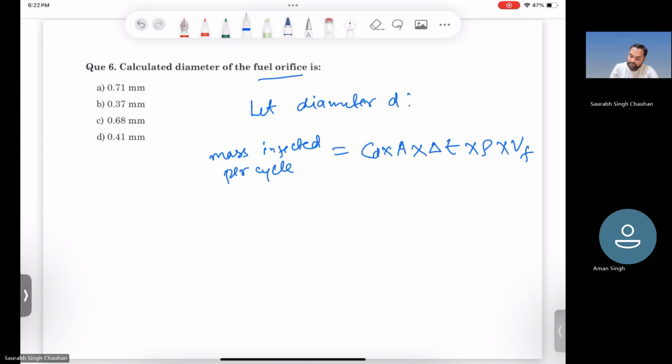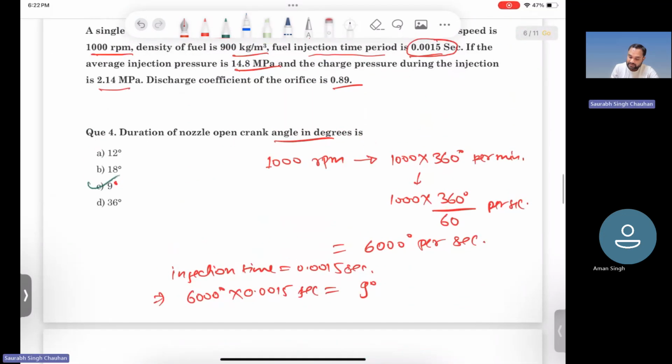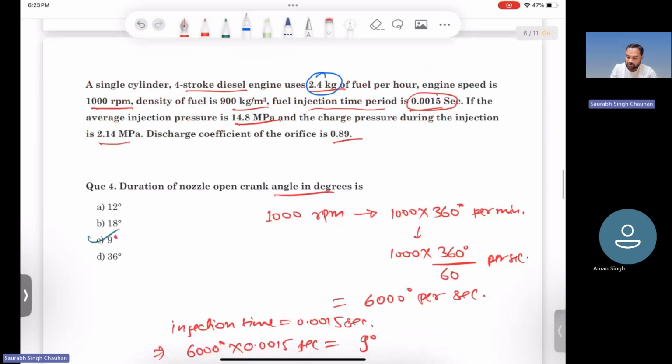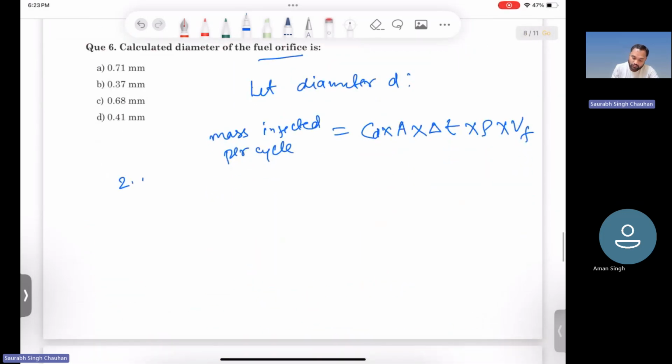And what is given? Per hour mass fuel consumption is given. Okay. So how much it is? 2.4 kilogram per hour. So in 1 hour, how many cycles will be there? That we can calculate, right? Engine speed is given, that is 1000 RPM, revolutions per minute. And since it is a 4-stroke engine, one cycle takes 2 revolutions, right?